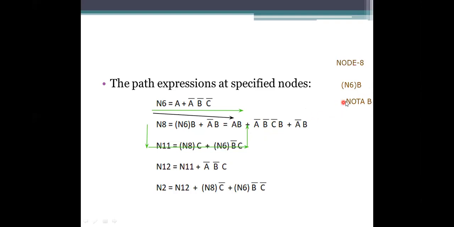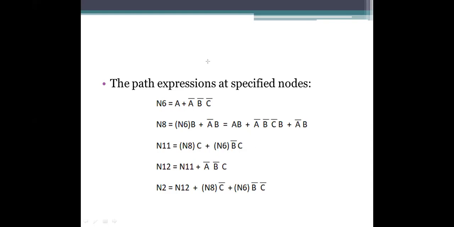How I am going to expand is, I need to substitute the value of this node 6 here, by substituting and multiplying. So A, B will be written, A bar, B bar, C bar, and the next B will be written like this. This is the final one. Likewise, we have the others also.